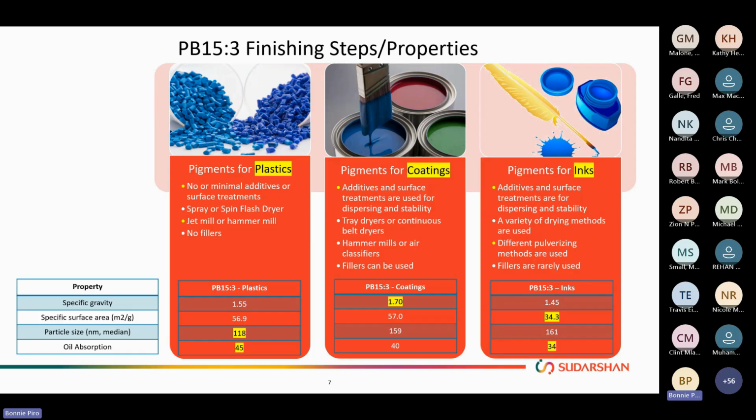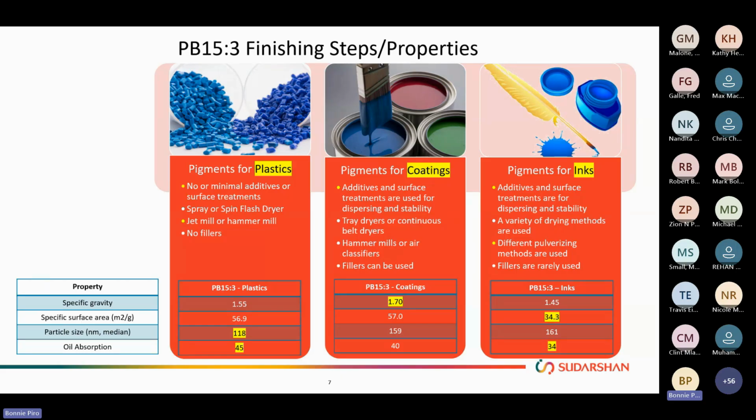Specific gravity is one area that can tell you essentially how much additional surface treatment is done. So for example, if you look at the coatings grade pigment, that specific gravity is higher than the other two, signifying that there's probably additional additives there for that coating end formulation aspect of it.